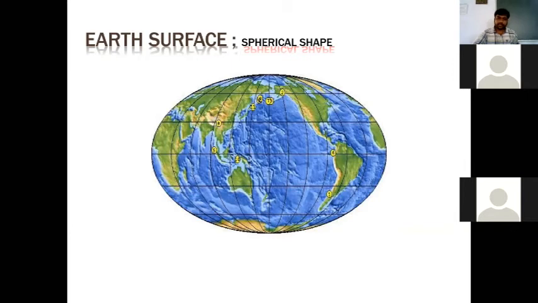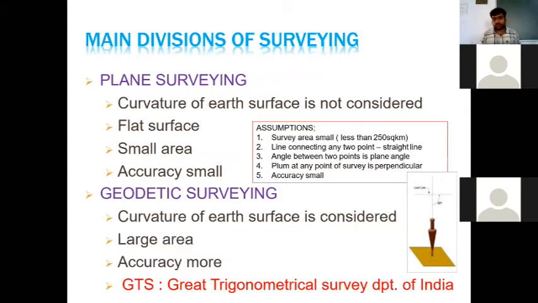Whether we have to neglect those or not, we are going to study now. In surveying, there are two kinds of classification: primary classification and secondary classification. In the primary classification, there are two divisions: plane surveying and geodetic surveying. In plane surveying, we neglect the curvature of the earth's surface and consider the earth's surface as a flat surface.